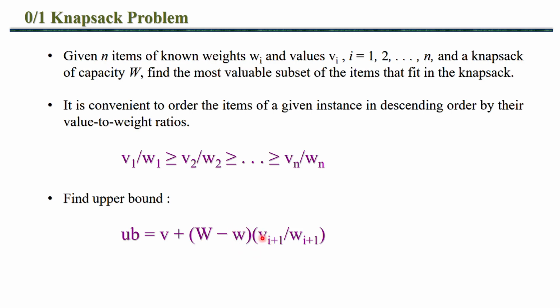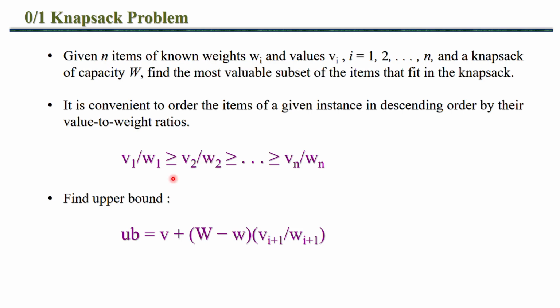And next you are using one more thing, into V of i plus 1 divided by w of i plus 1. It means first you have to find the ratio of values and weights. For each item values are given and weights are given, so first you find the ratio, value divided by weight. Whatever ratio you get, based on that ratio you arrange the items in decreasing order.